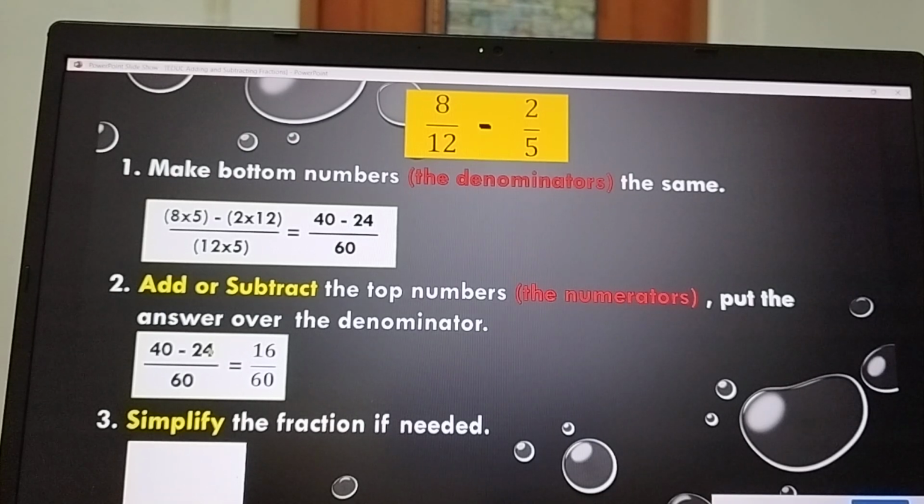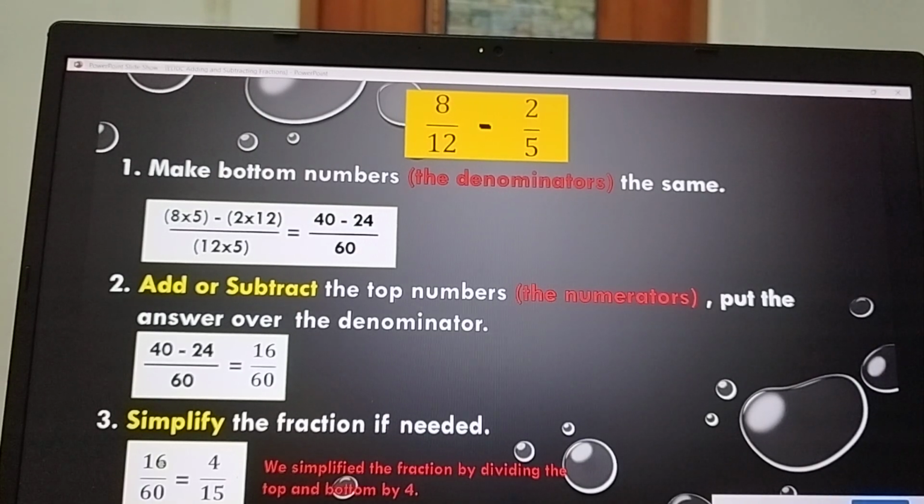It is divided by 4, equal to 4 over 15. Okay, very good. So if you divide the numerator and the denominator by 4, 16 divided by 4 equals 4. Then 60 divided by 4 equals 15. So your final answer would be 4 over 15.